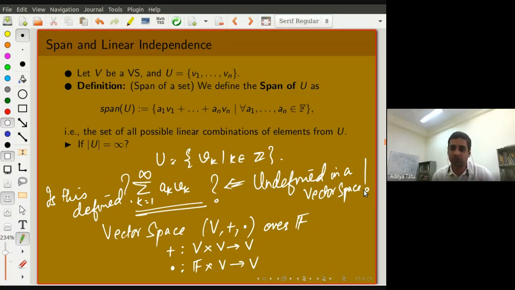We don't have the tools to do that. It's like saying, can human beings fly to a height of 500 meters without anything? You can't say that because they can't fly to 400 meters, they can't fly to 500 meters. Basically, we cannot fly. So that's the situation here. This operation is undefined. The vector space structure does not have the tools for this to be defined.